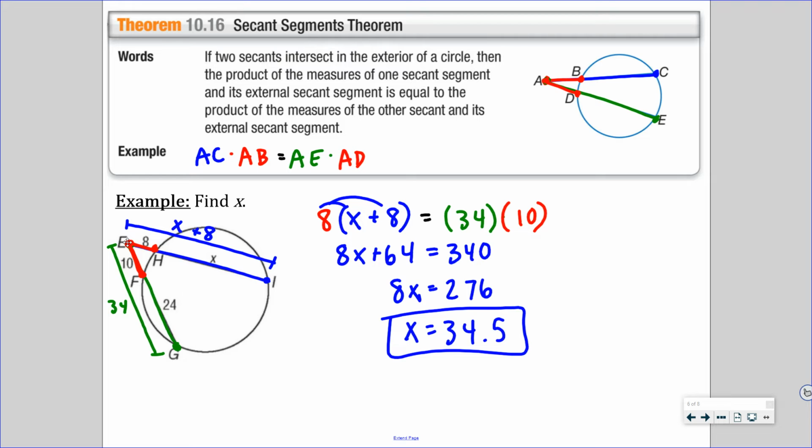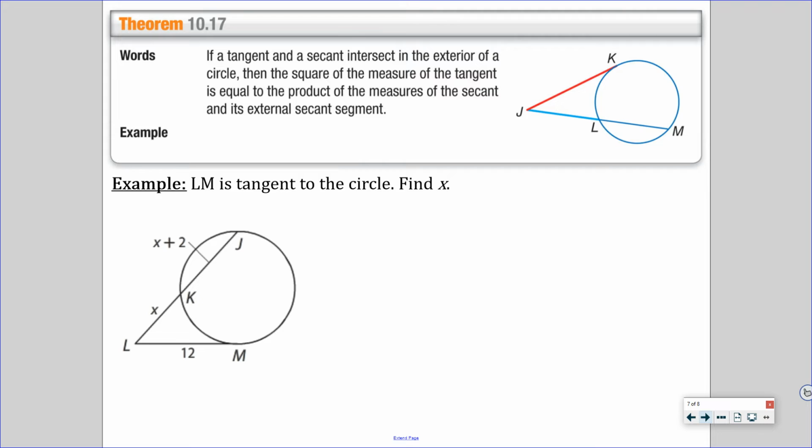Okay, that's our rule. Now the next theorem is really the same rule. They're just saying, hey, what if you have a secant segment and a tangent segment? The only thing that's different with the tangent segment is it's all external piece. But the rule's still the same. You're still going to take the length of the whole thing, which is JK, times the external piece, which is JK. So it just ends up being this times this, is the same as the whole secant piece, JM, times the external piece, JL.